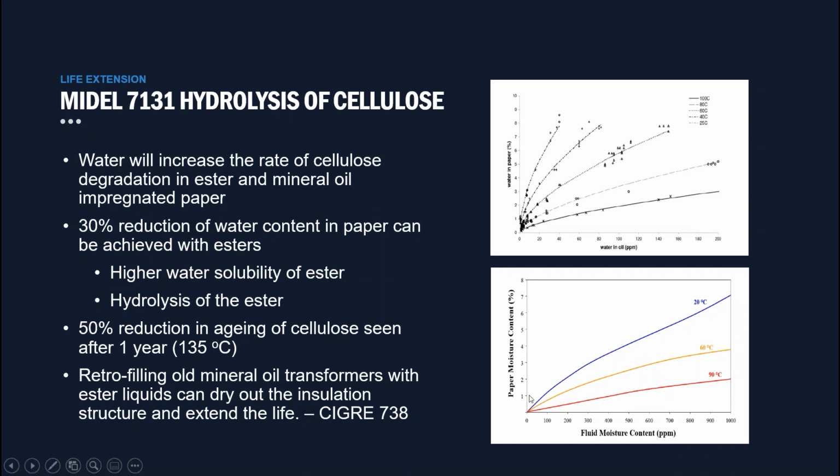If we look at the same water content in MIDEL 7131 at 60 degrees Celsius, this looks like less than 1% water content in the paper. So in these particular circumstances, the paper insulation should be much drier in the MIDEL 7131 environment, and it follows that the rate of breakdown of the paper insulation is thus expected to be lower.